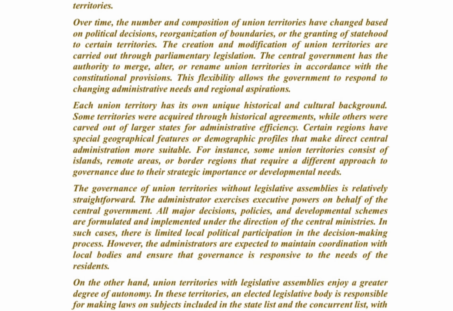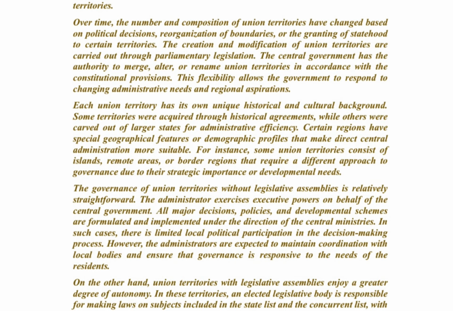In such cases, there is limited local political participation in the decision-making process. However, the administrators are expected to maintain coordination with local bodies and ensure that governance is responsive to the needs of the residents. On the other hand, union territories with legislative assemblies enjoy a greater degree of autonomy.